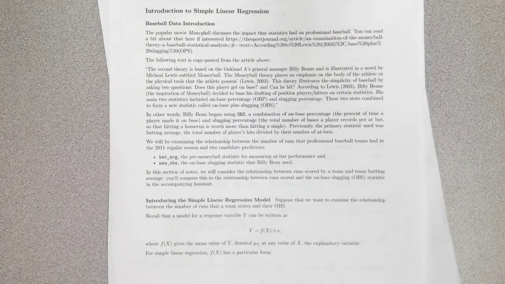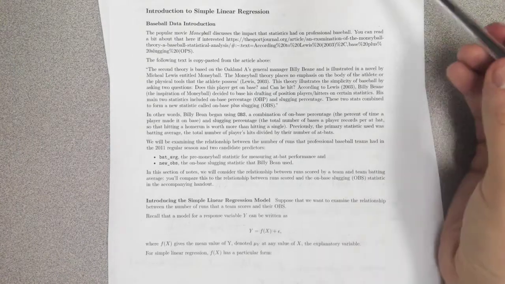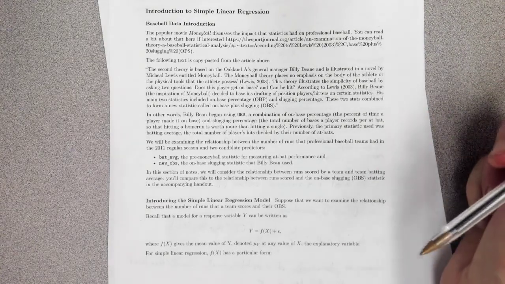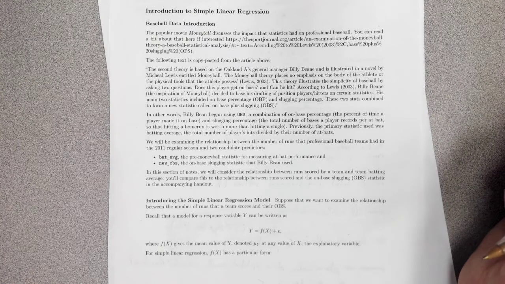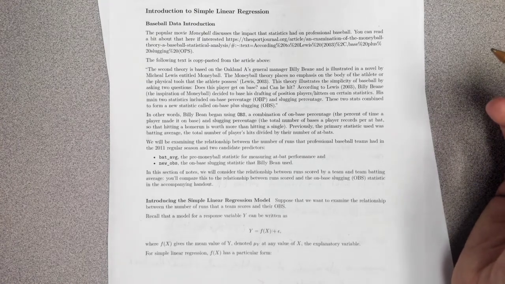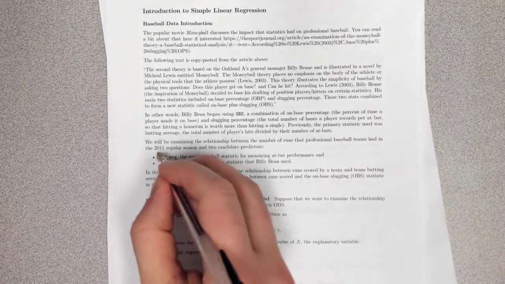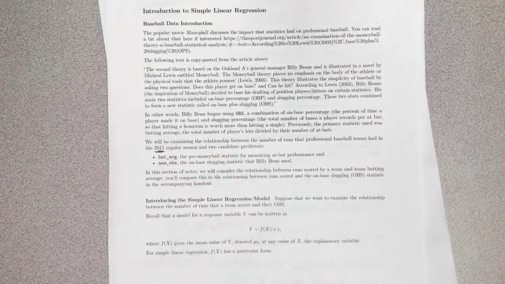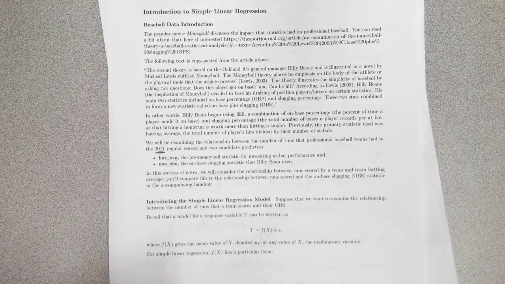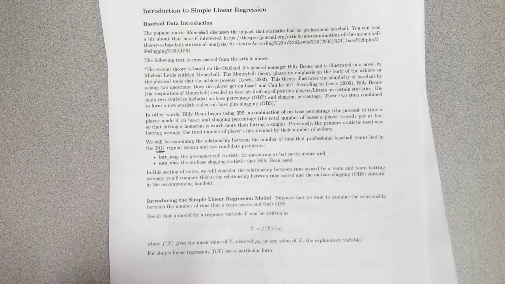All right, before we really talk about the model basics, let's briefly discuss the example that we're going to use, at least for the first part of this note packet. The example covers some baseball data from the 2011 regular season. We've got observations on each of the 30 professional teams in that season.